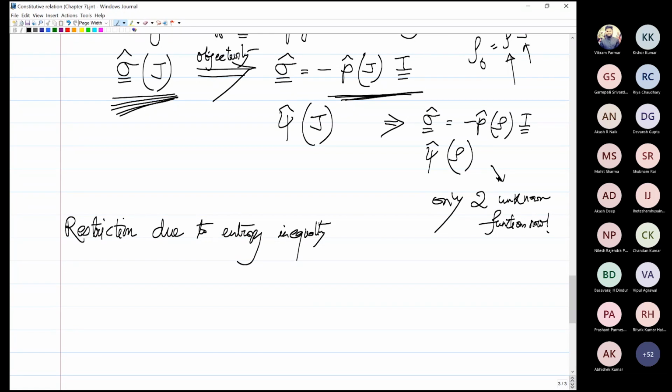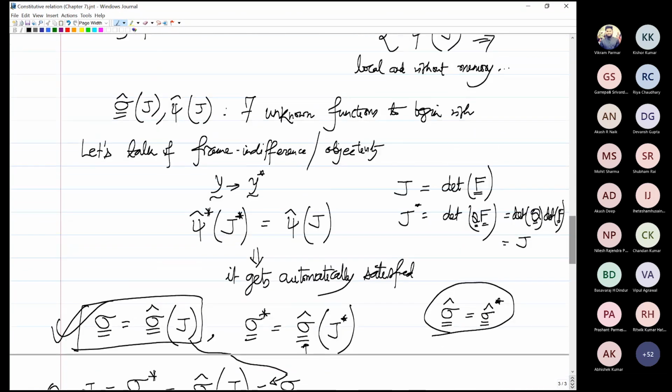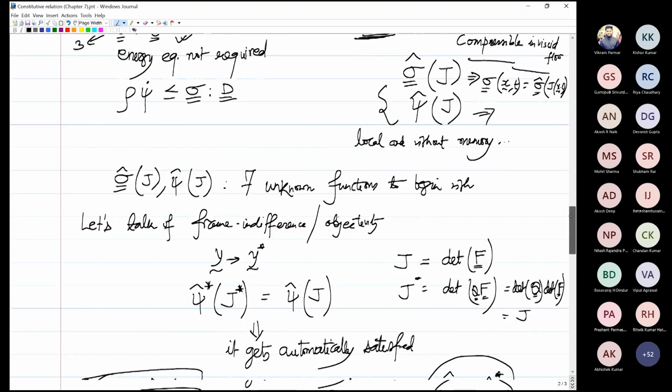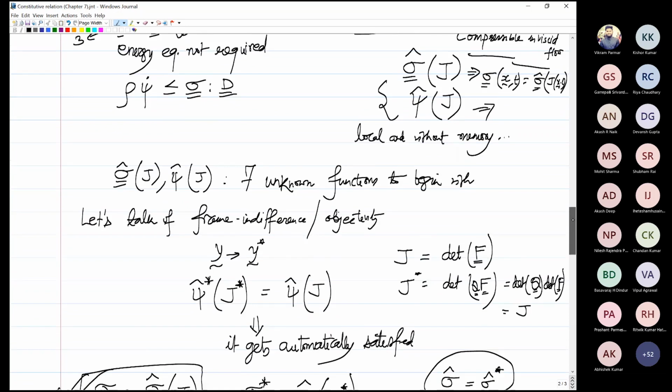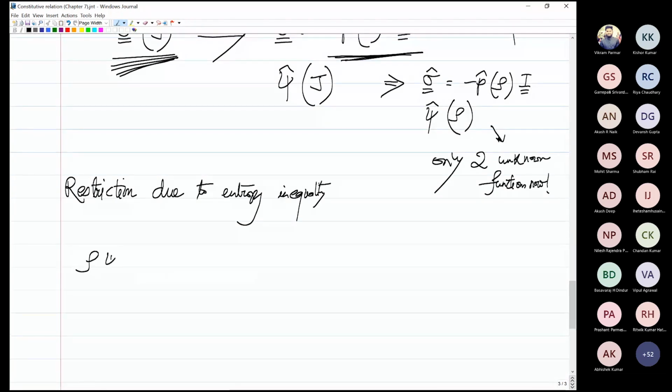So in the entropy inequality, if we just have a look at it, for purely mechanical motion we have rho psi dot less than or equal to sigma double contraction d.